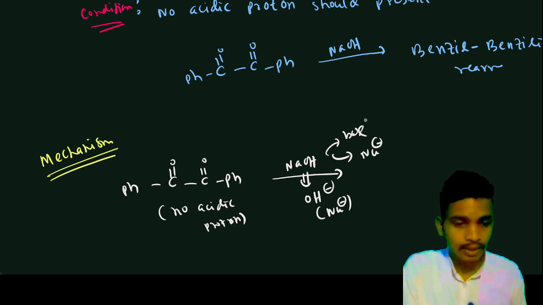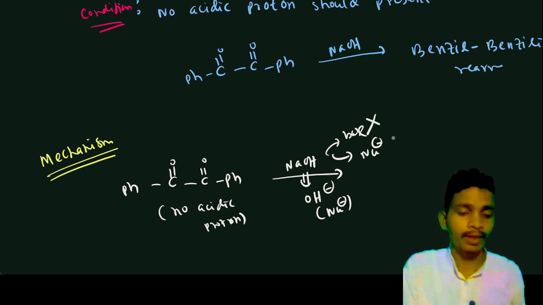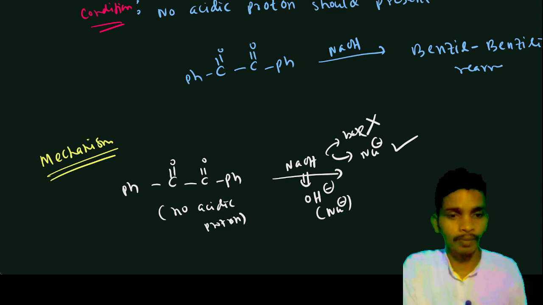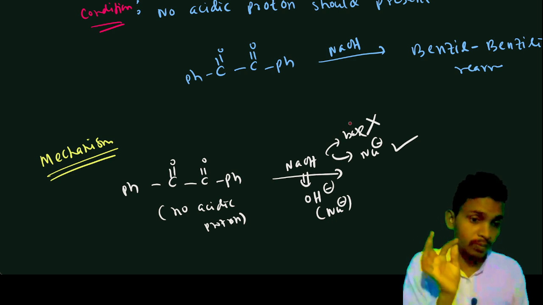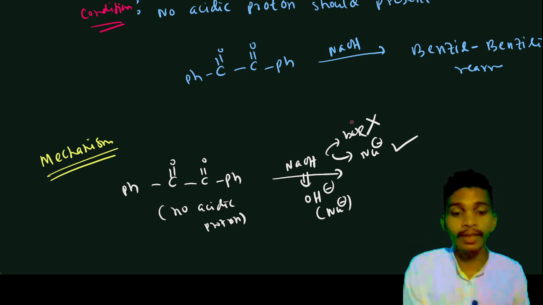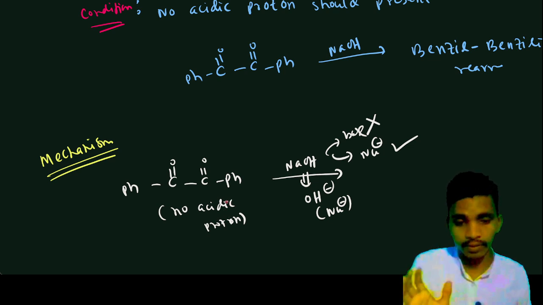But since no acidic proton is there, it can't act as a base, so it will act as a nucleophile. But if an acidic proton is there, first there will be an acid base reaction, because acid base reaction is fast. So to avoid that, we should not have acidic protons.